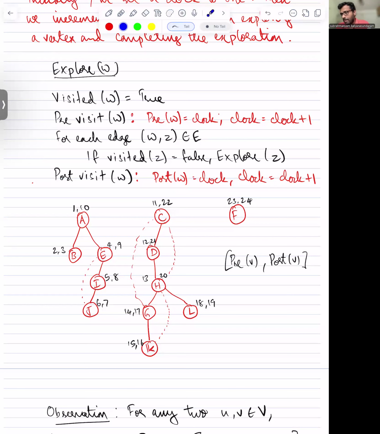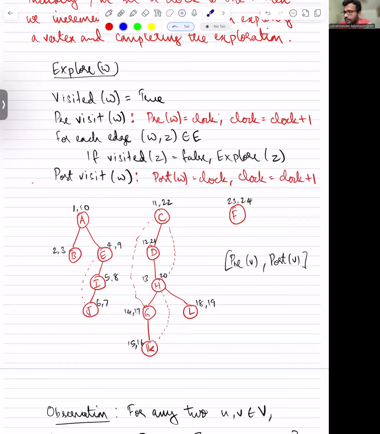So in general, what is the observation that one can make? In general, there are only two, or maybe three, types of relation possible between the windows of two vertices, let's say U and V. Either the interval of U is contained in the interval of V, or the interval of V is contained in the interval of U, or they are entirely disjoint.